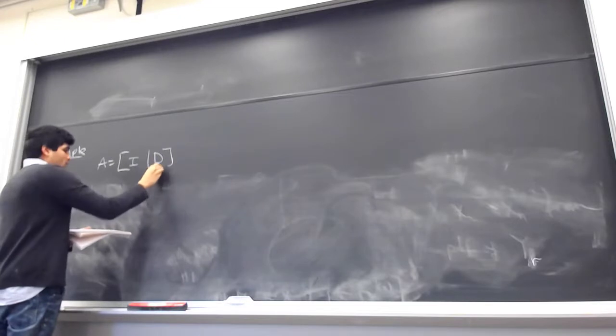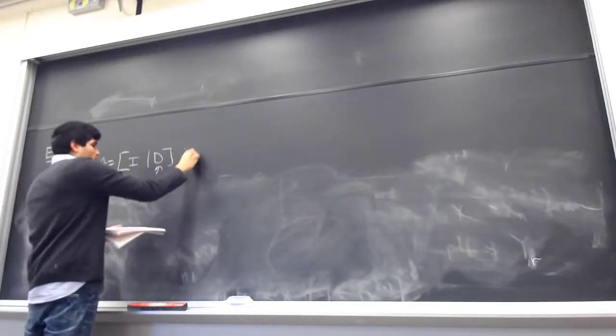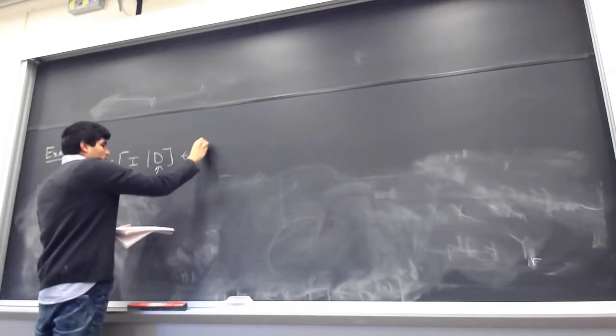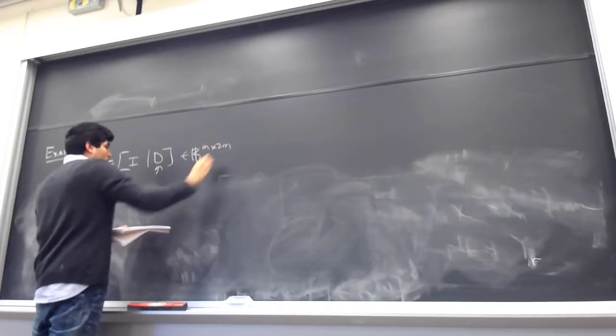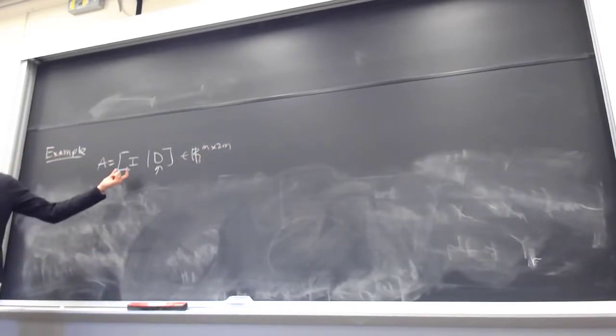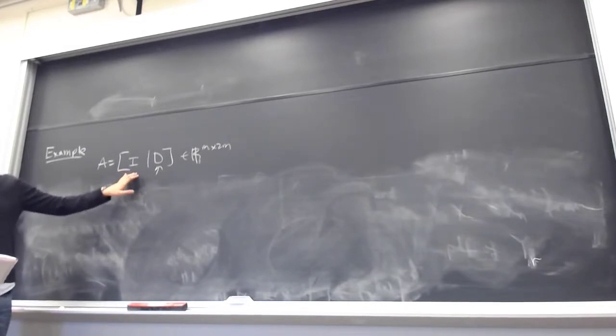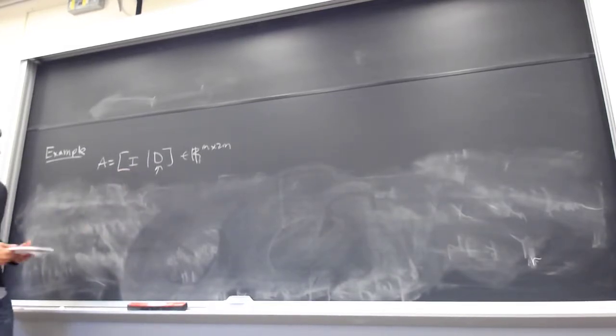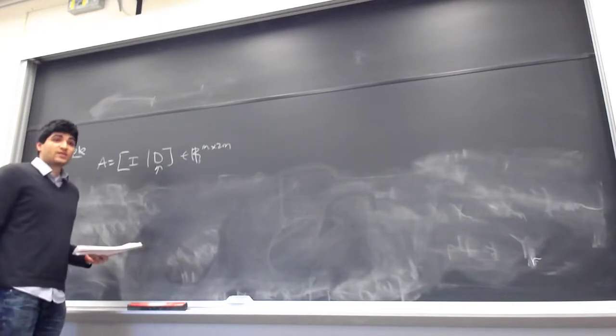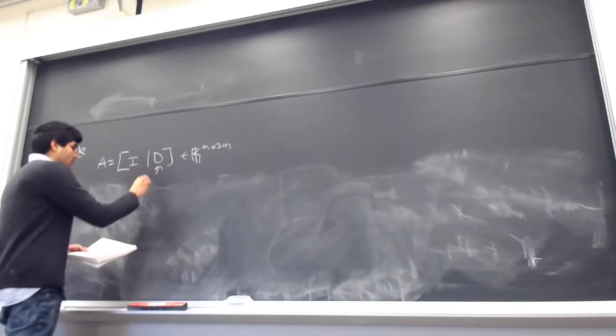All we do is we create an m by 2m matrix just by concatenating two different bases together. One is the standard basis, so we put in the identity matrix in here. And the other one is the Fourier basis, so what we're going to put in is the DFT matrix.